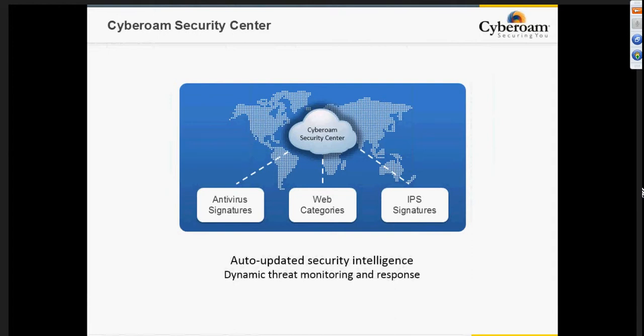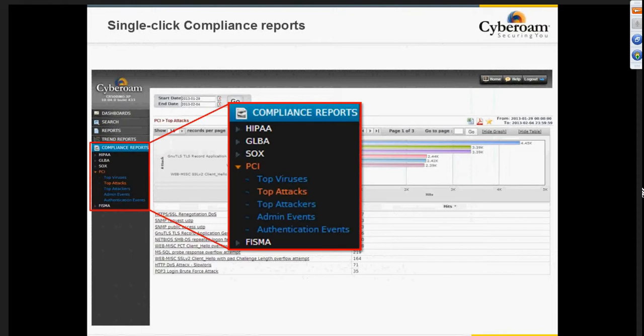And last but not least, you have single-click compliance reports, which help you comply whenever there is any kind of security audit you would like to perform on your network. It has inbuilt compliance reports like HIPAA, GLBA, SOX, PCI, and FISMA.